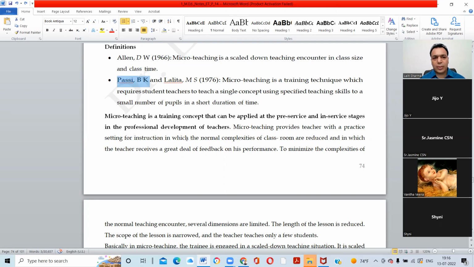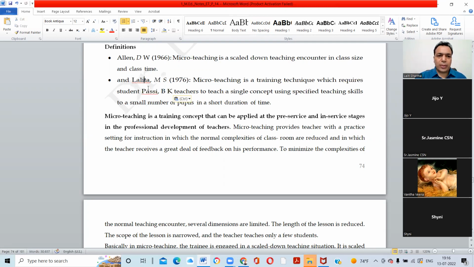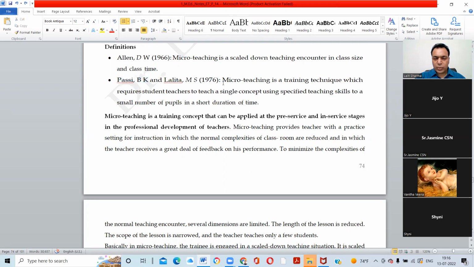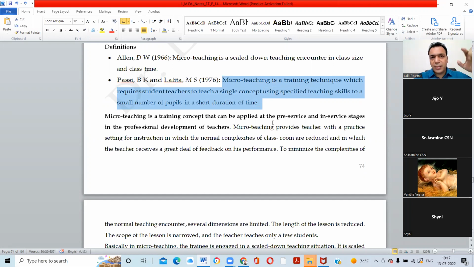But when I was working as an assistant professor in education colleges, I got a chance to meet Professor BK Passi. He is called the father of micro teaching. I have attended one conference of Passi sir. He gave the conference in Bangkok, and we went over there along with many teachers.